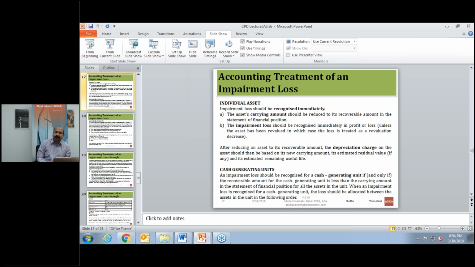And at the end, we discussed International Accounting Standard 36 very briefly, and we refreshed the main concepts from this standard. So this was all about our session.